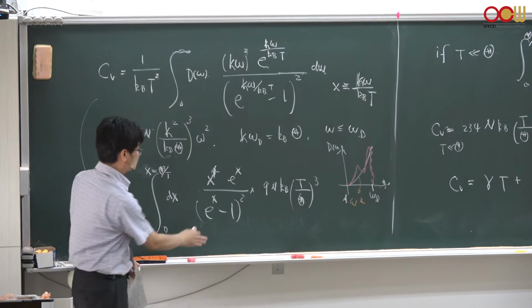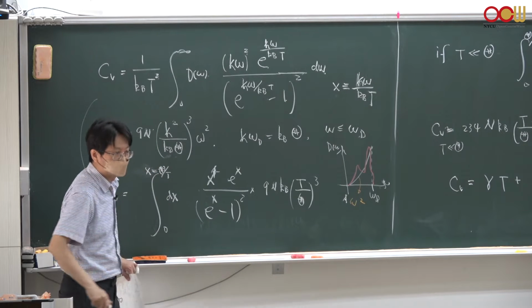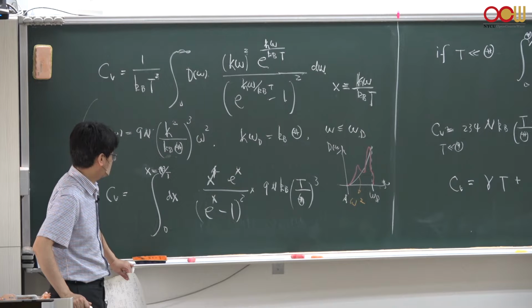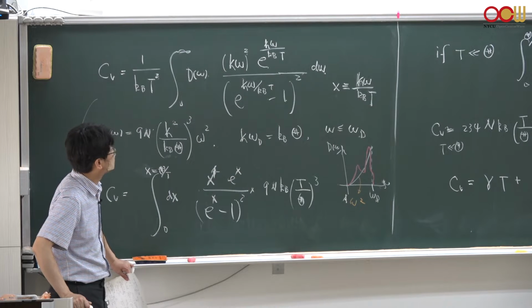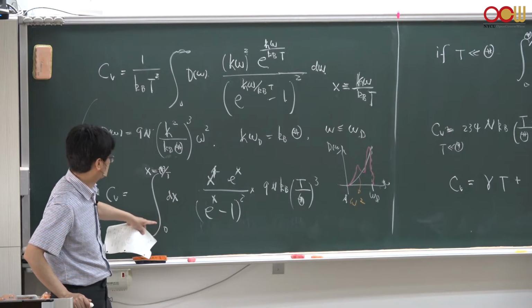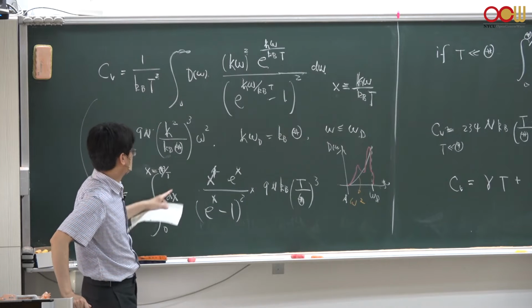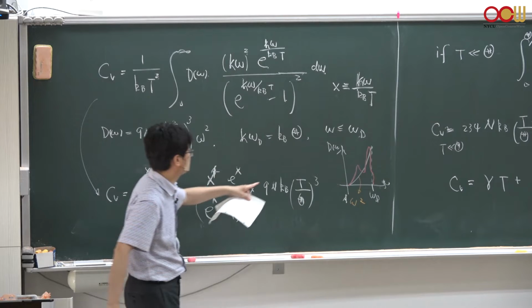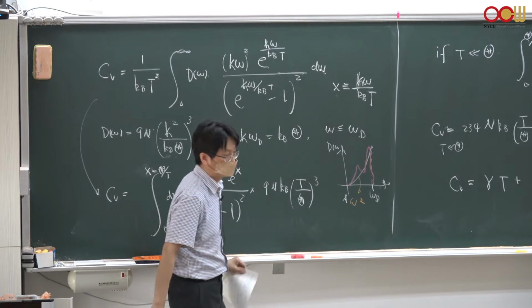Omega runs from 0 to the Debye frequency, so the x variable runs from 0 to theta over T, where theta is called the Debye temperature.